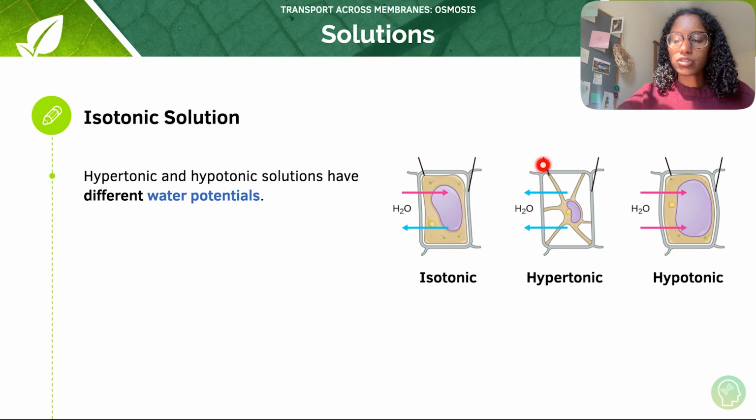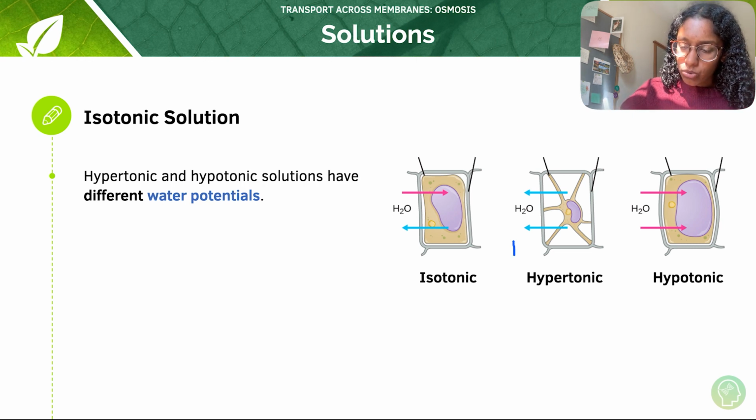Now, in a hypertonic solution, all this means is the outside of the cell, so the solution around the cell, is more hypertonic, i.e. it contains less water. So what's going to happen is there's a lower water potential out here.